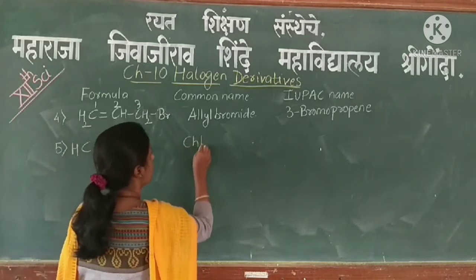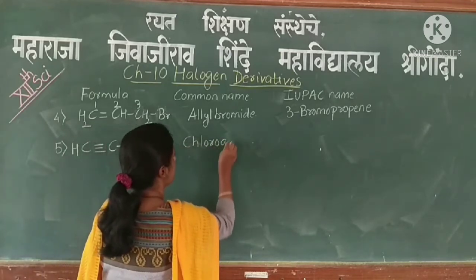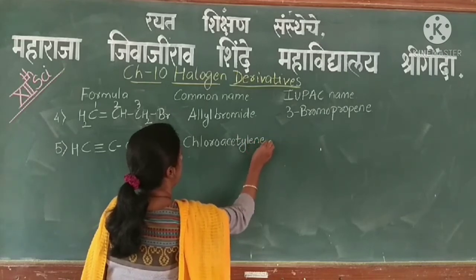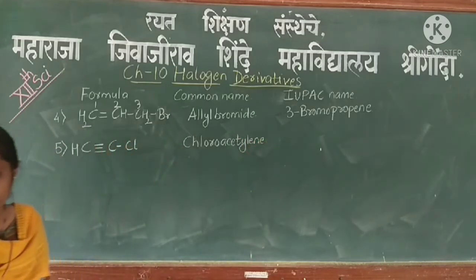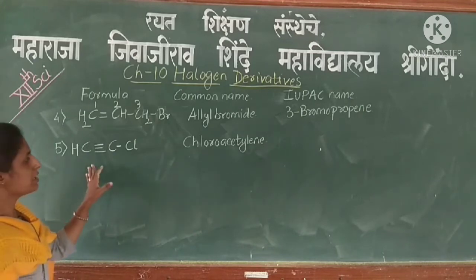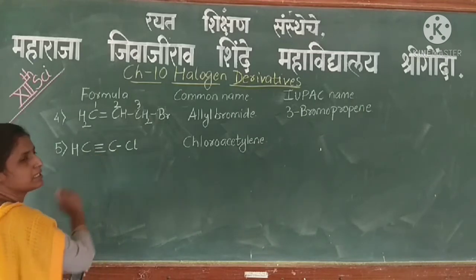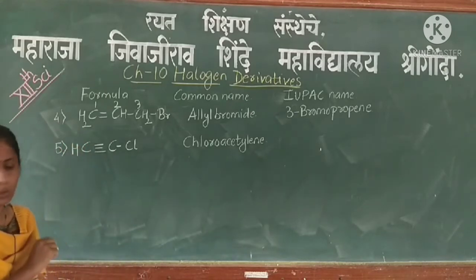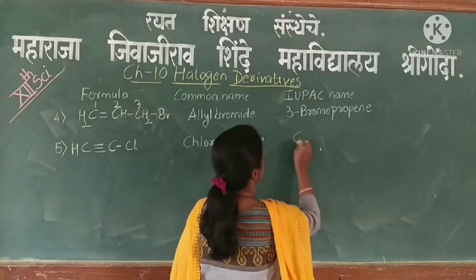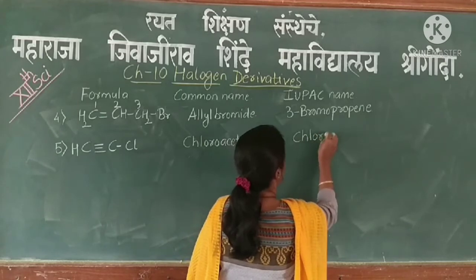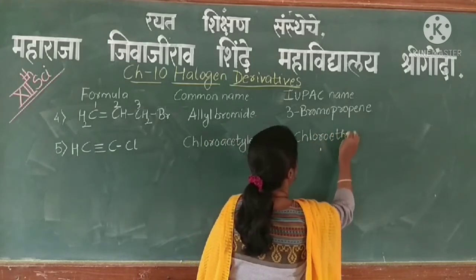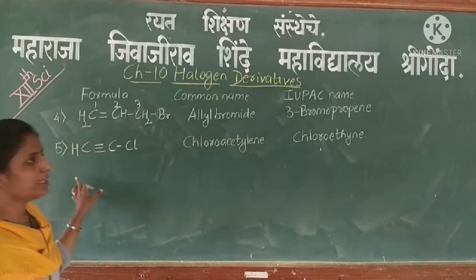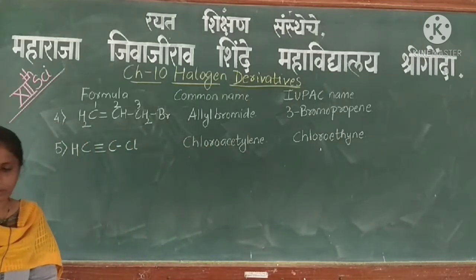This is chloroacetylene. Since it is an alkyne, the IUPAC name will be chloroethyne.